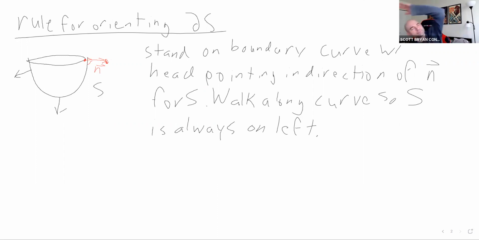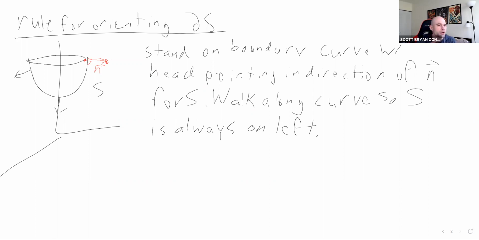So we're standing on the curve with our head pointing outward in this case. If you're looking down, do we want to go around counterclockwise or clockwise? Let's try and visualize this.